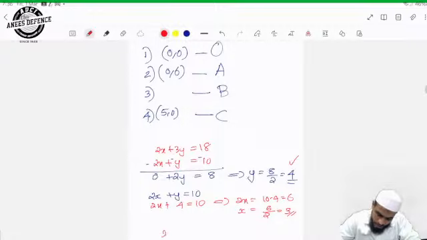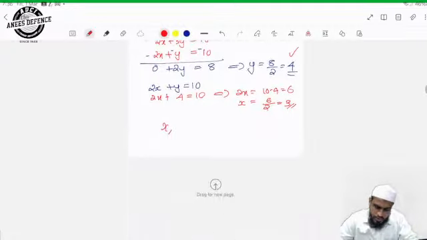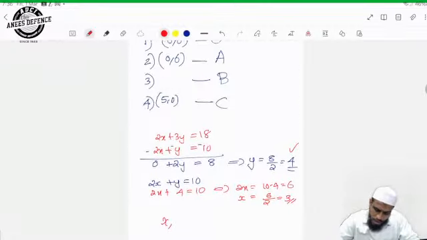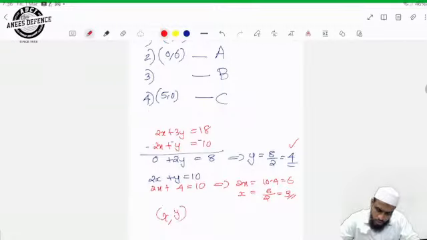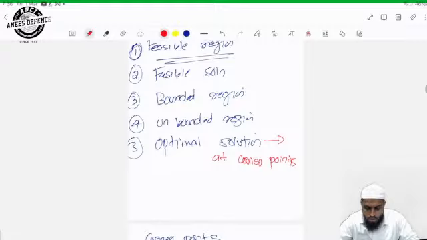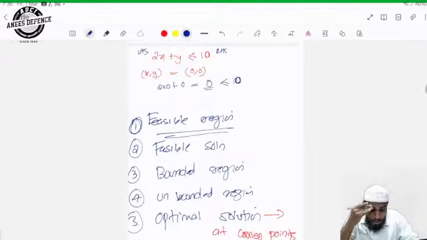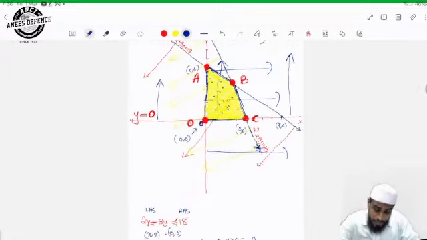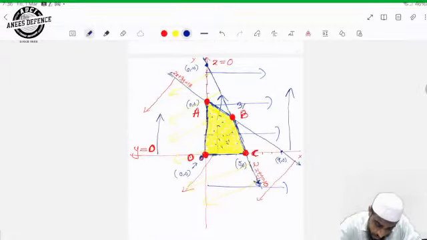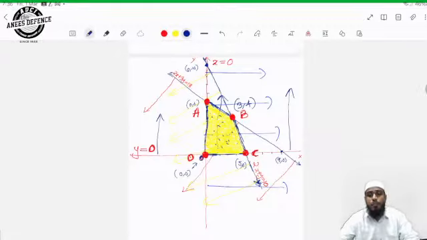So our coordinate is (x, y) equal to (3, 4). So here (3, 4) is the point B. You can mark that point here. So we are getting 4 corner points.